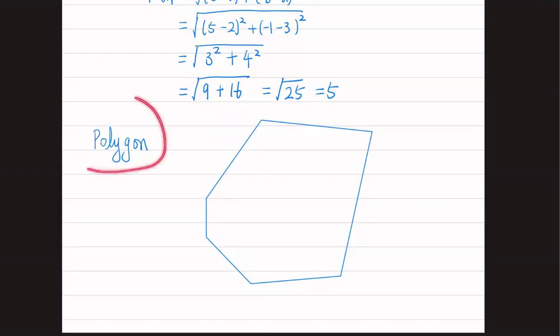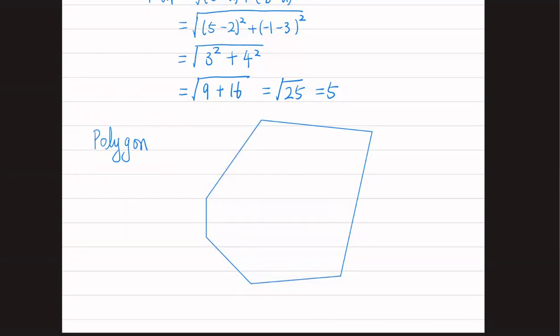A polygon is a generalization. If we have only 3 edges, we have a triangle. If we have 4, we have a rectangle. A polygon is just a collection of straight edges.